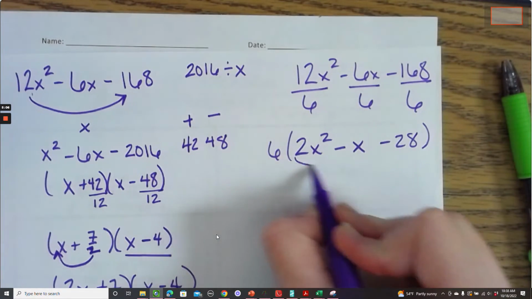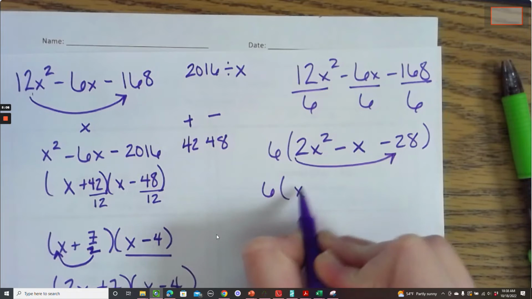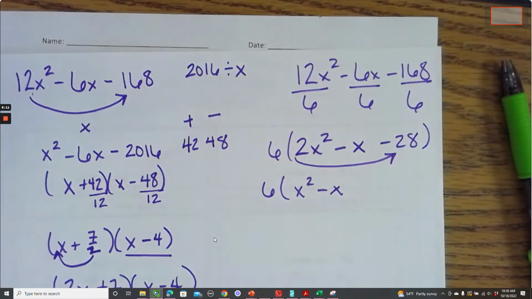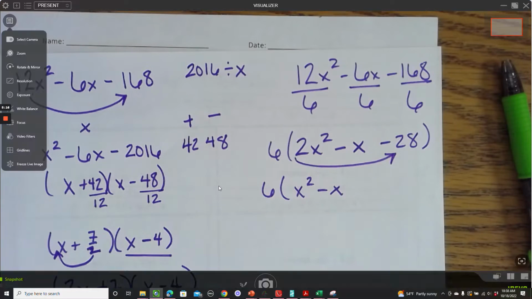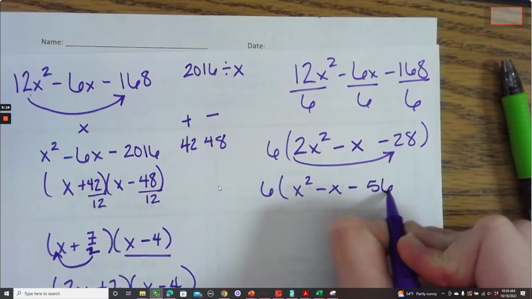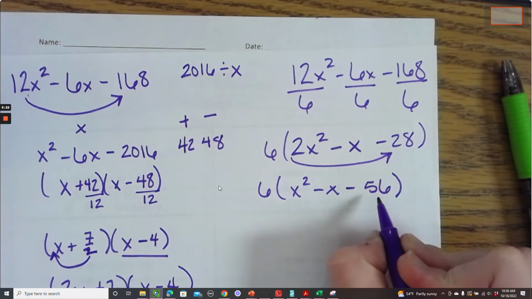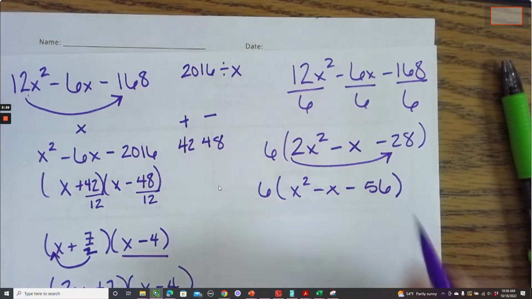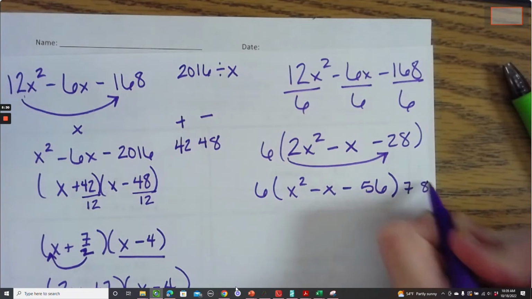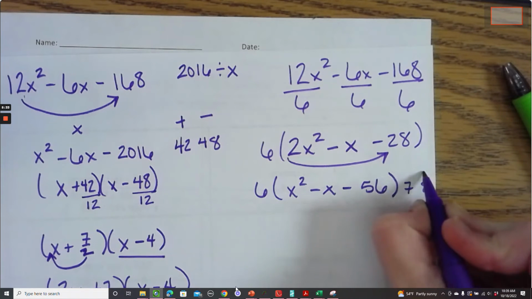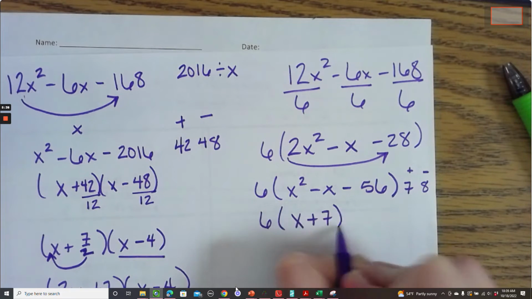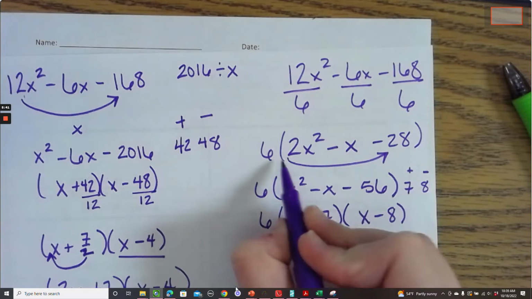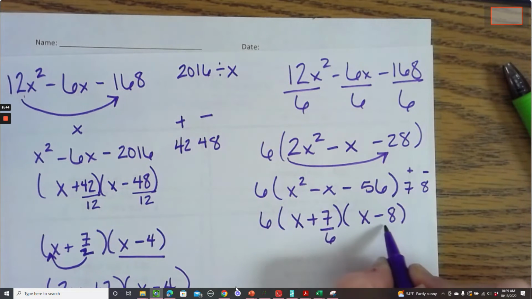So if we slip here, we would have gotten x squared minus x. What's negative 28 times 2? Negative 28 times 2 is a negative 56. Two numbers that multiply to make 56: 7 and 8. Which one's going to be negative? 8 is going to be negative. So we would have had x plus 7, x minus 8.